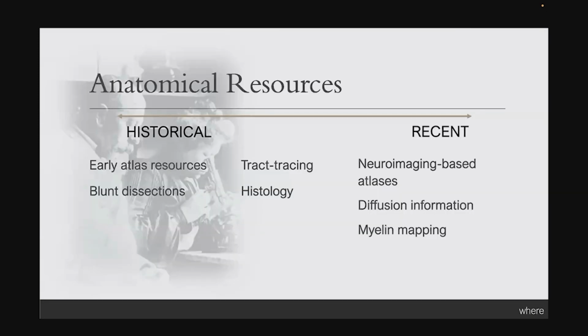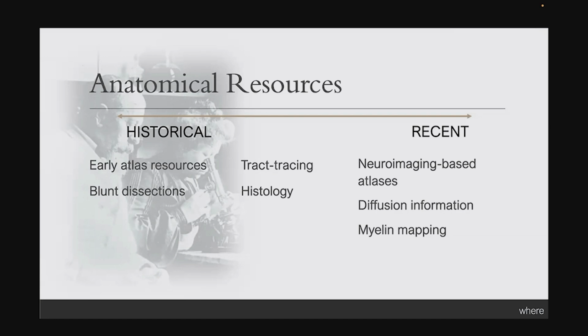One thing that will be very critical is anatomical resources. If you look in the literature, sometimes you can find that historically, species that aren't typically studied were studied by people like Brodmann, Bailey and von Bonin, and other early neuroanatomists that created resources. These are invaluable if you find them, because generally they used a landmark approach, they looked for homologies and they labeled them as such.